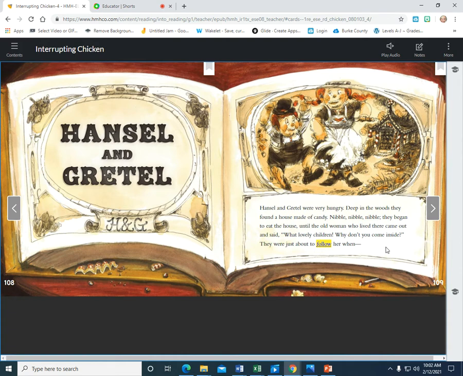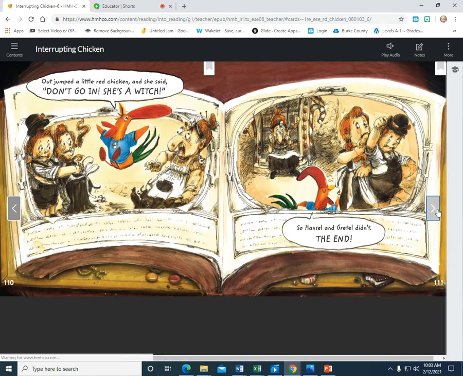Why don't you come inside?" They were just about to follow her when out jumped the little red chicken and she said, "Don't go in. She's a witch." So Hansel and Gretel didn't. The end. Hmm.